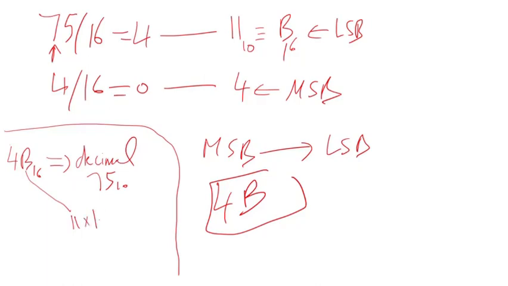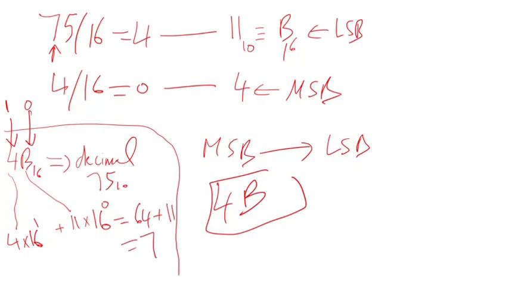So 11 times 16 to the power of 0, because B is in position 0, 4 is in position 1, plus 4 times 16, which is a base, to the power of 1. So 4 times 16 is 64, plus 11 times 16 to the power of 0, just 1. So that's just 11, which is 75 base 10. That's how you verify if your answer is correct or not.